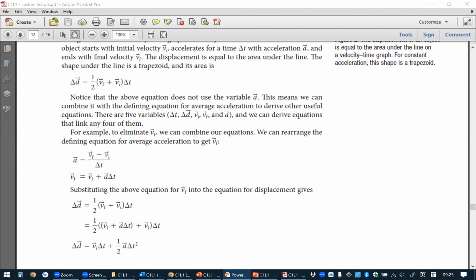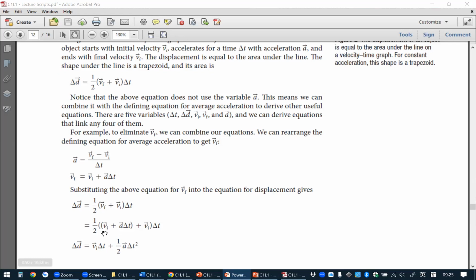As you can see here on the bottom left, this formula, delta d equals 1/2 of the sum of Vf and Vi times delta t, right? Then substitute Vf with Vi plus a times delta t, then that gives us delta d equals 1/2 of the sum of Vi plus a times delta t, then plus another Vi, then times delta t.